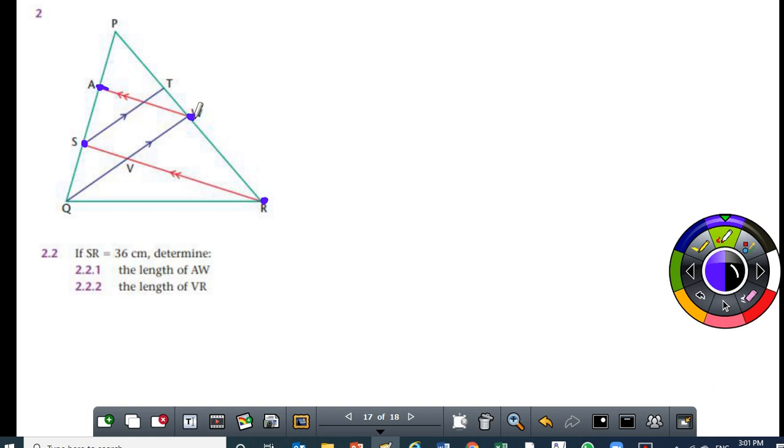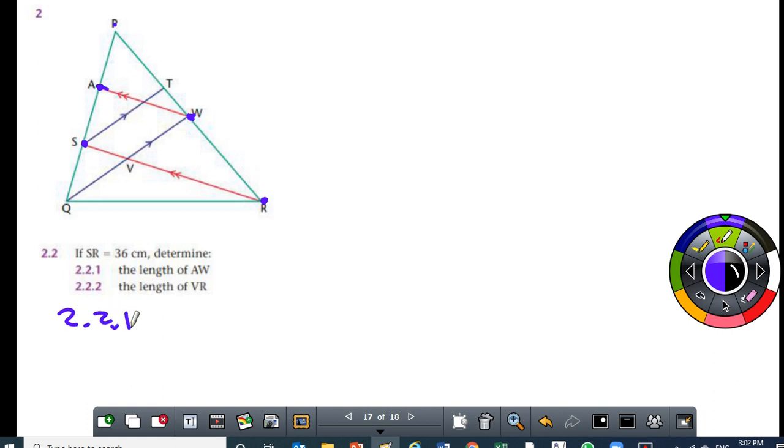Therefore, PW is equal to WR and PA is equal to AS. Also, the length of AW is half of SR from the midpoint theorem. So, to find that length AW is very simple.